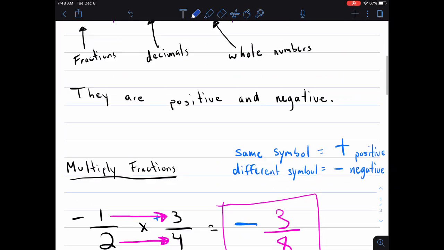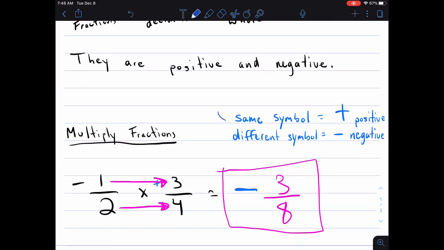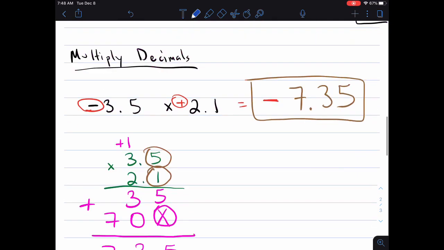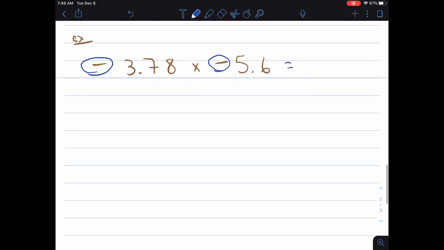If they are the same, si son iguales, my answer is what? Positive. So negative times negative is positive. And now let's multiply. Remember, the number with more numbers goes on top. El número que tiene más números va arriba. Do not line up the points. No alineen los puntos.